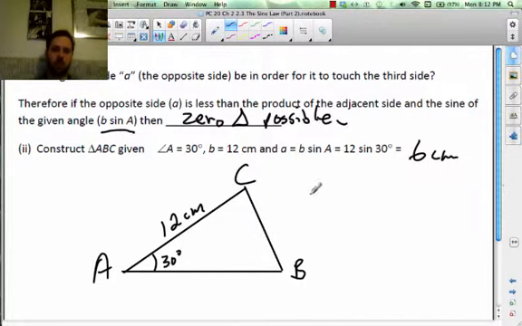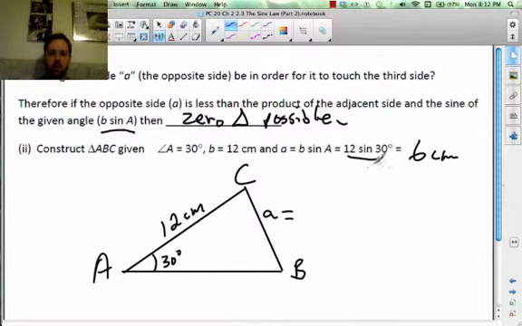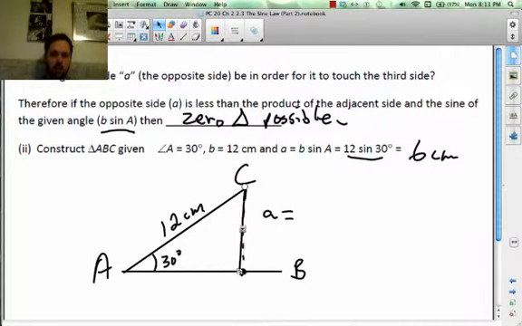C doesn't matter, but we know that side a right here is going to be exactly equal to b sine A, which would give us the very minimum distance. So we basically make our line there, and if this was exactly 6, then it would make a perfect right triangle.